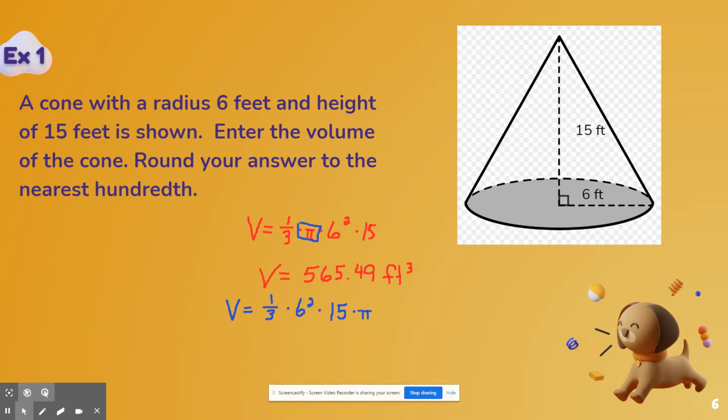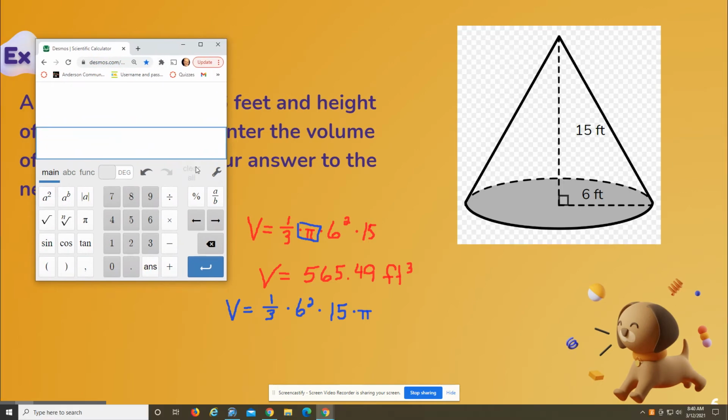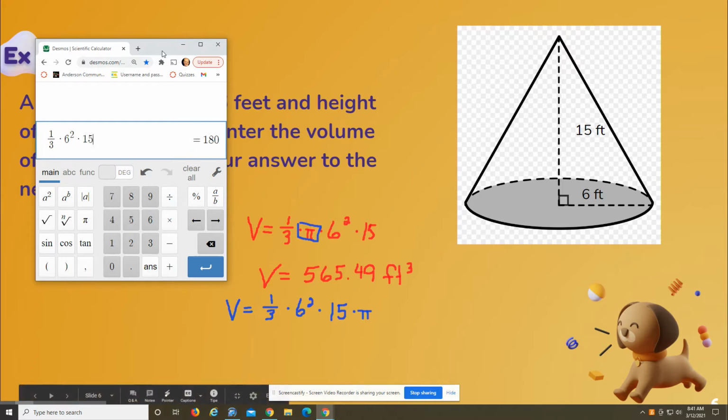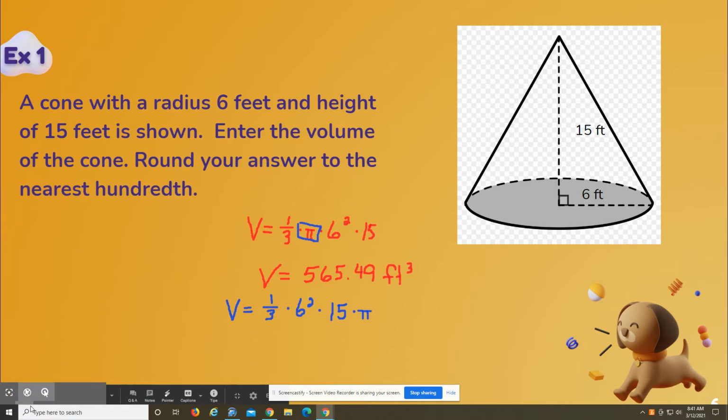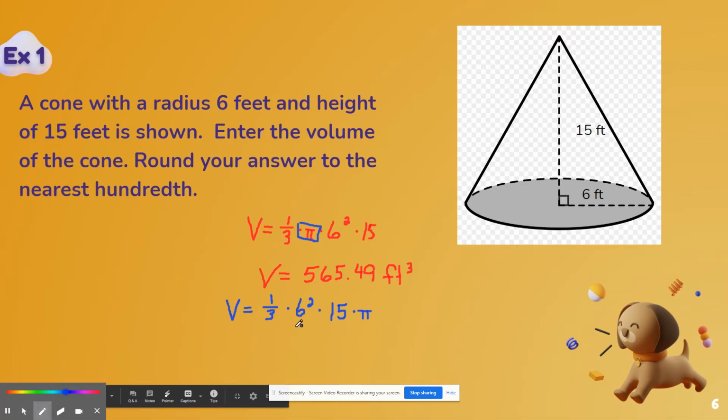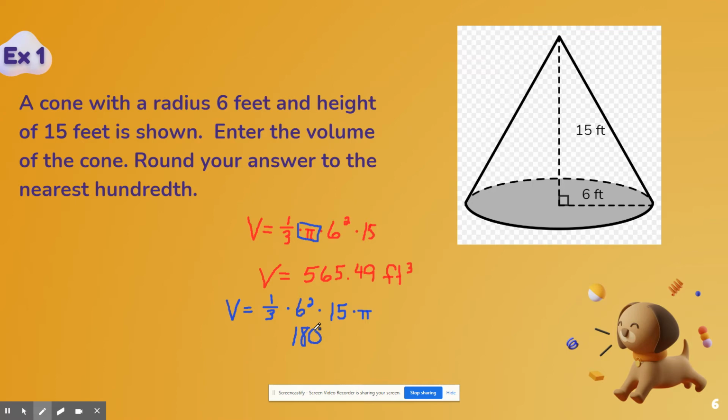So you would enter in your calculator 1/3 times 6 squared times 15, and then your answer would just stay 180. And then you would just put the pi symbol next to your answer so that this is an acceptable answer and this is an acceptable answer.